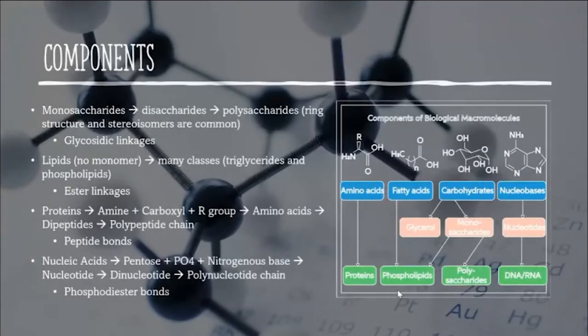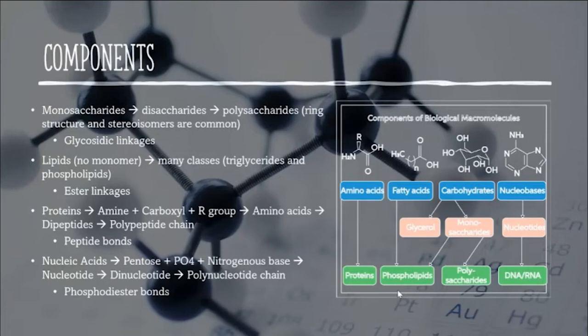So different macromolecules have different components. Monosaccharides will form together to make disaccharides, and then polysaccharides. Many of them form into a ring structure. Think of ribose and deoxyribose, and most of them can be found in stereoisomers.